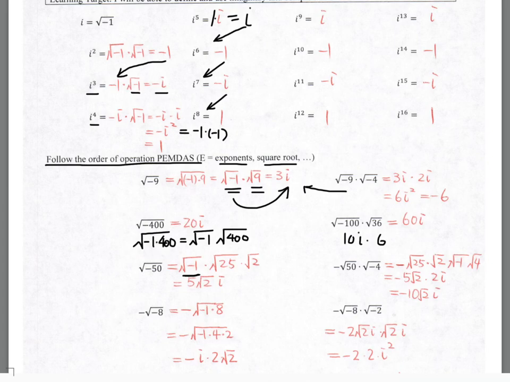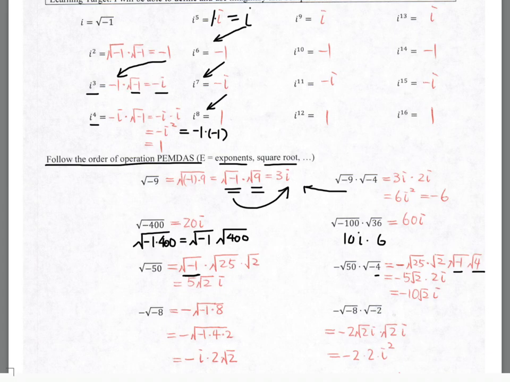Next, negative square root of 50 times square root of -4. Please notice where your negative signs are. First, negative, so it's -1 times square root of 50. Square root of 50, I can make into square root of 25 times square root of 2. Square root of -4, I can make into square root of -1 times square root of 4. So are there any perfect squares? Yes, there are.